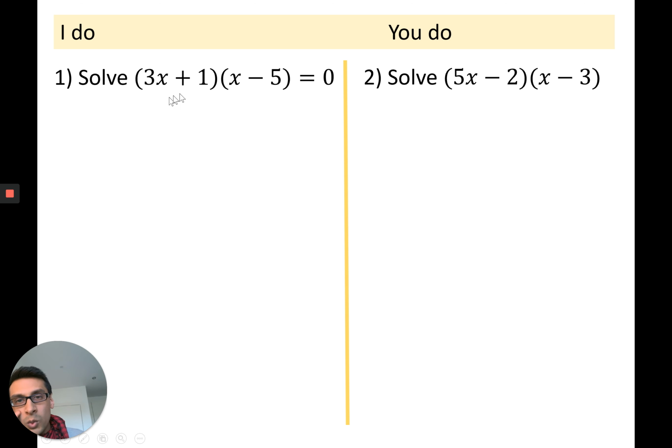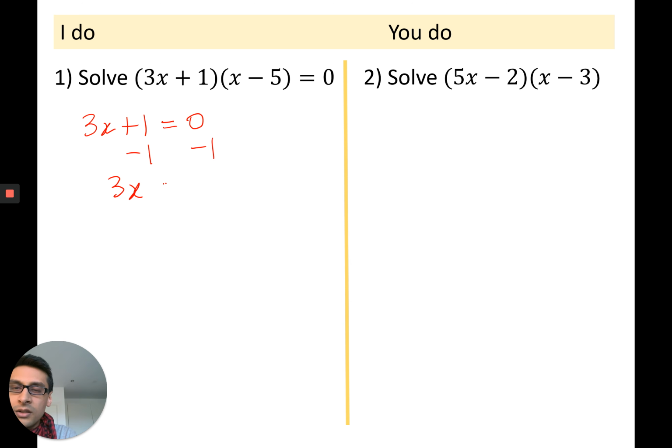So I'm going to do one more example on the left, and then you're going to do the example on the right, and that's going to be part of the work which you upload later on. So I can see the equation on the left: either 3x plus 1 equals 0, and then I can take away 1, I get 3x equals -1, and then I divide by 3, so x equals -1/3.